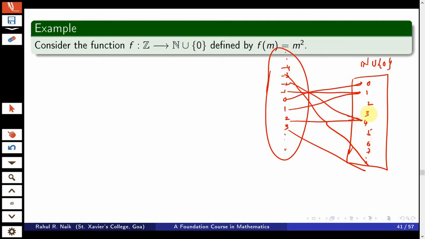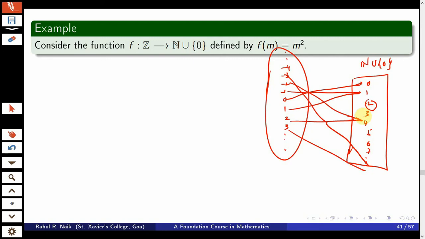There are some natural numbers which do not have a pre-image, like 2, because the square of any integer is never 2. You cannot find any integer whose square is equal to 2, and therefore 2 does not have a pre-image. So that is enough to say that the given function is not onto.